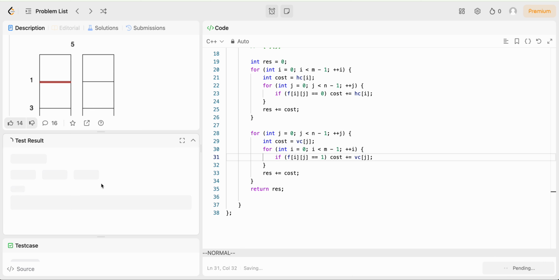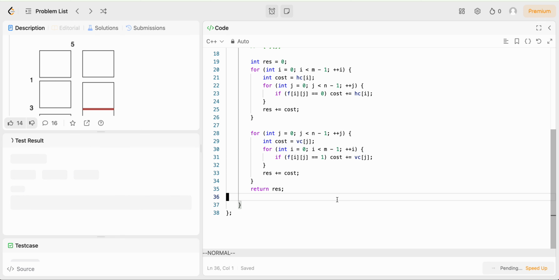Let's see. Yeah, leetcode is very slow sometimes. You just need to refresh many times.